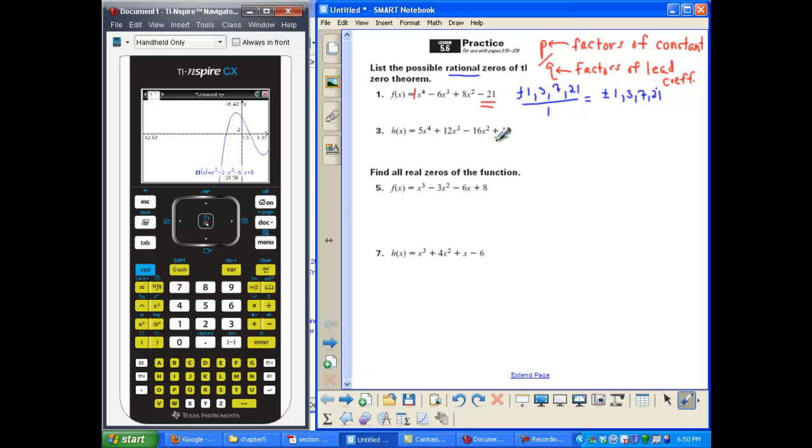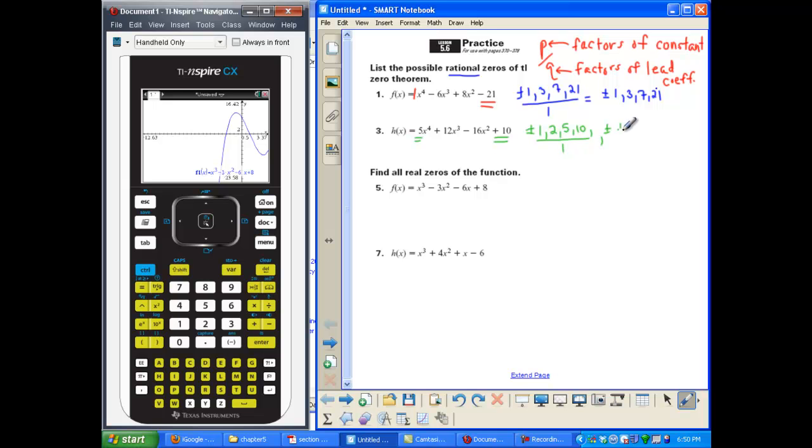So for this problem, we need factors of 10 over factors of 5. So let's go through the factors of 10. 1, plus and minus 1, 2, 5, and 10. All of those divided by 1. And then also all of those divided by 5. So I can write them like this.